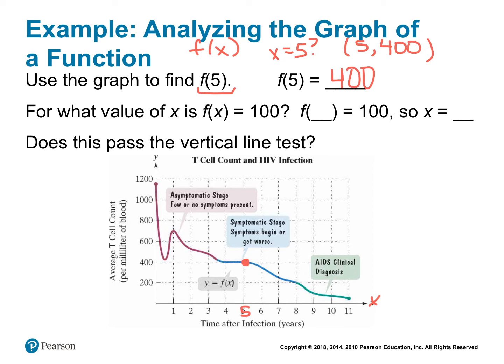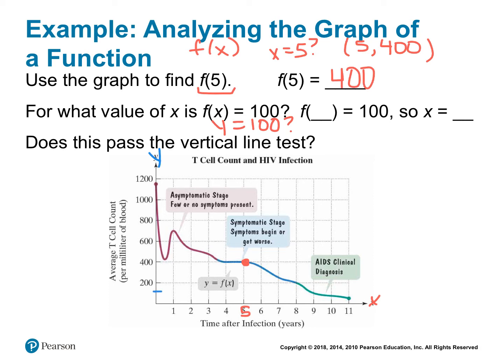Okay, then thinking of this in reverse. For what value of x would f of x equal 100? In other words, when is the y going to be 100? So let's try to find where that would be. This is the y-axis, so 100 would be right here.